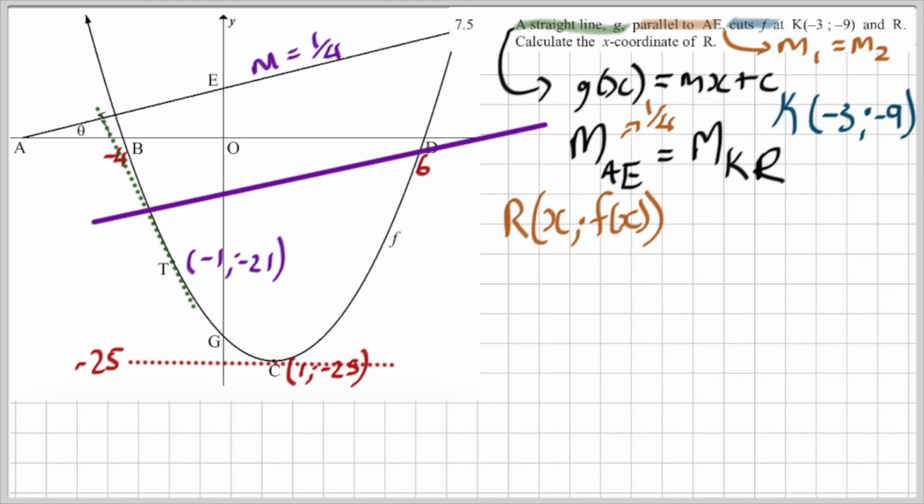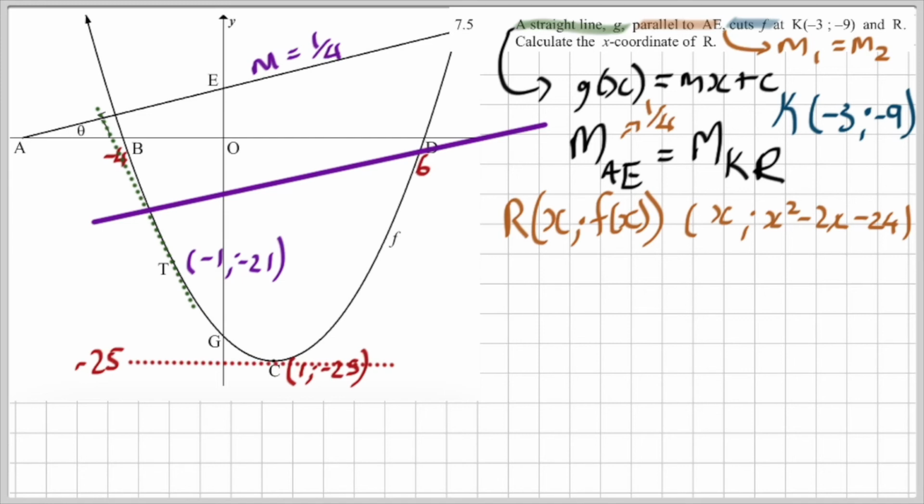So what I'm going to do is, instead of writing fx as the y value, I'm going to actually substitute the equation of fx into the coordinate. And this is going to give me the x value is just x, but the y value is the function of fx's equation.